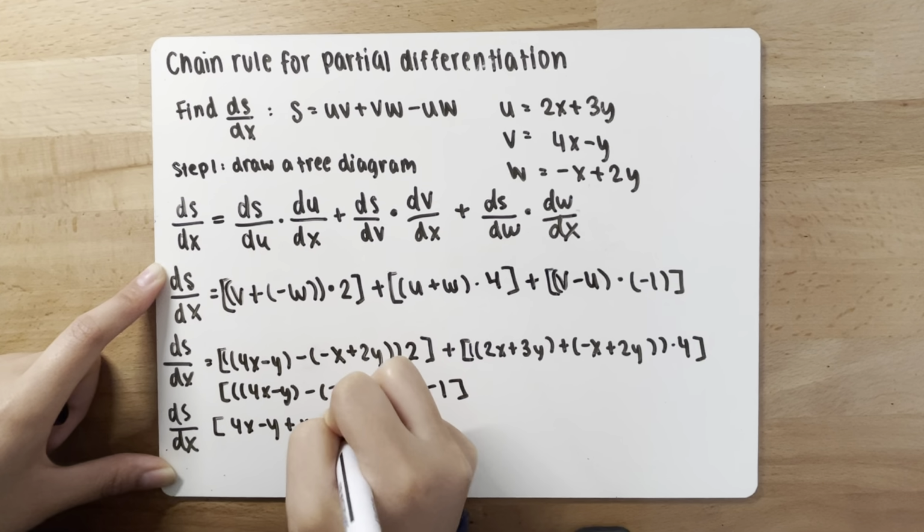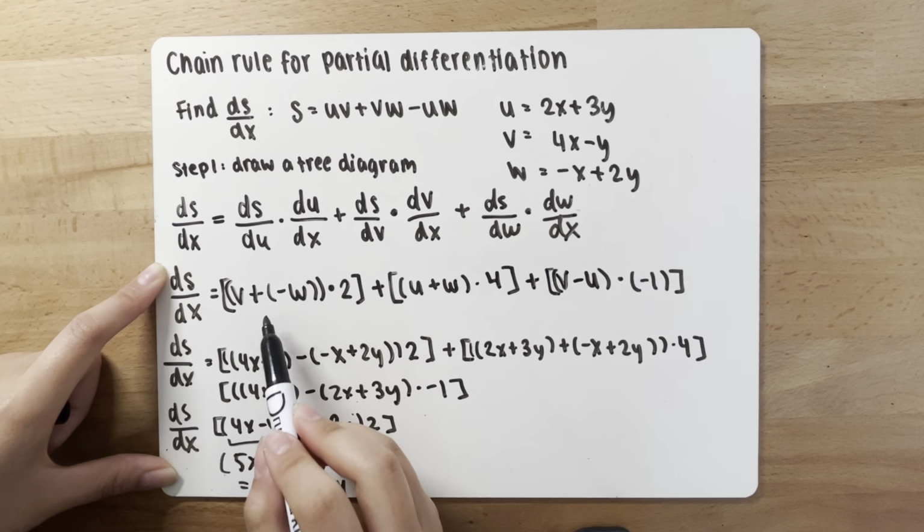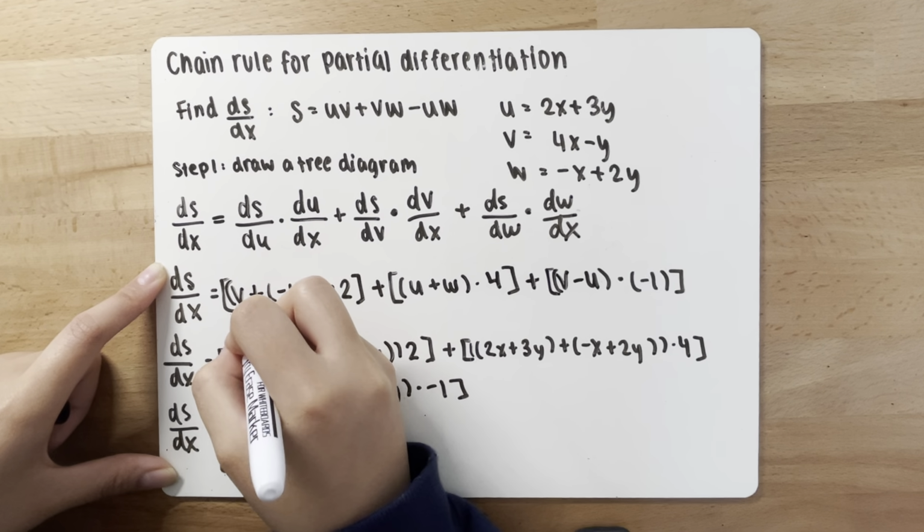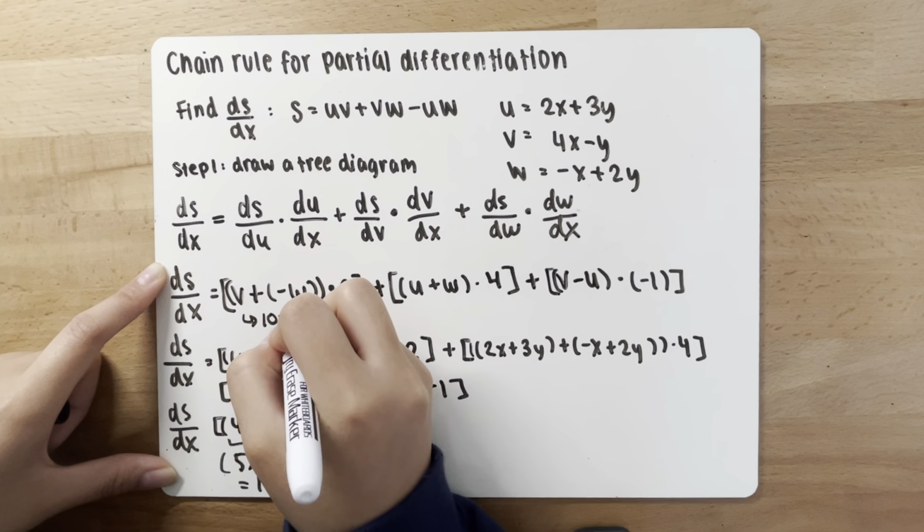So this, you are going to simplify it. 4x plus x is 5x, minus y minus 2y is minus 3y. That times 2, you are then going to have 10x minus 15y. So this would be your value for this. So I'm going to write it here. 10x minus 15y.